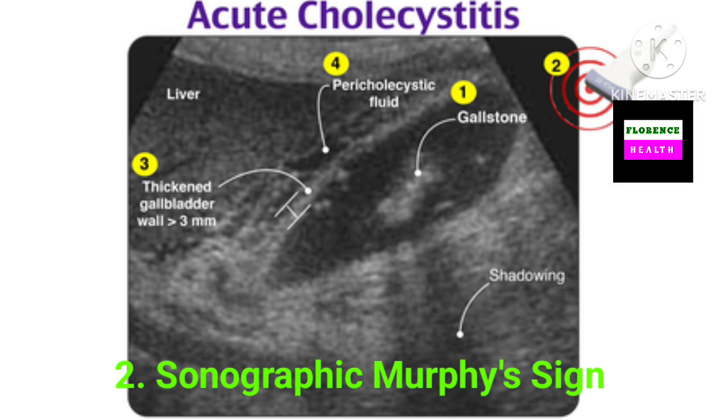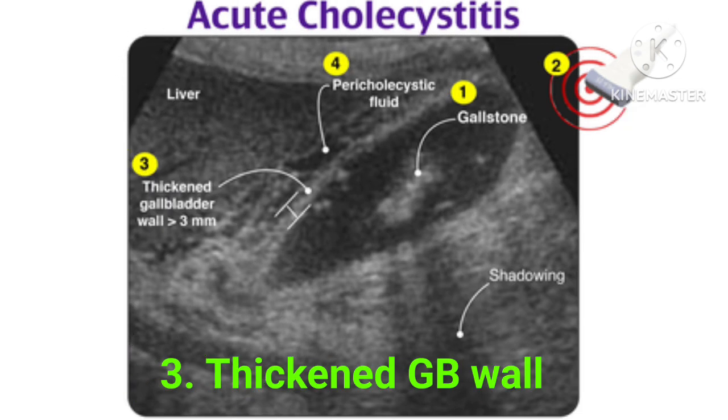Second, sonographic Murphy sign. It should be present in acute cholecystitis. Third, thickened gallbladder wall. Thickness of the gallbladder wall more than 3 mm is in its favor.